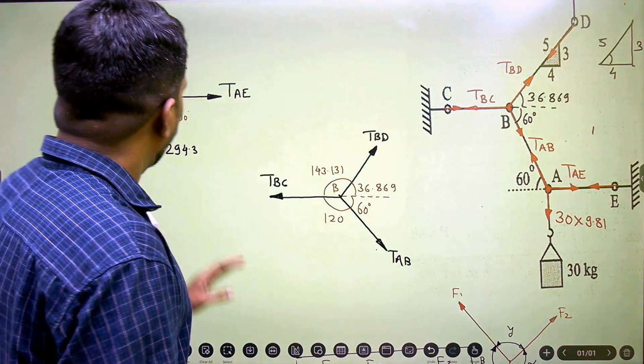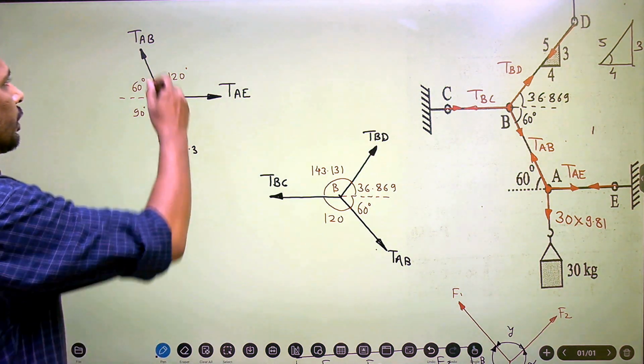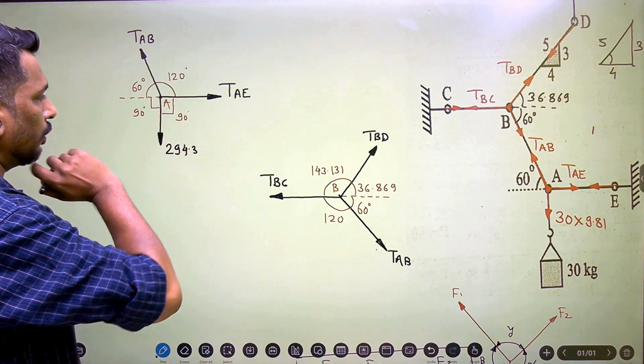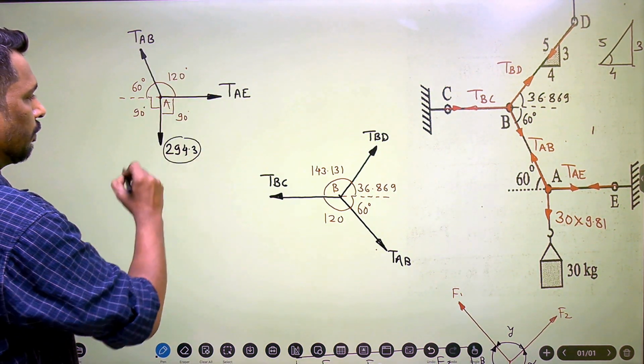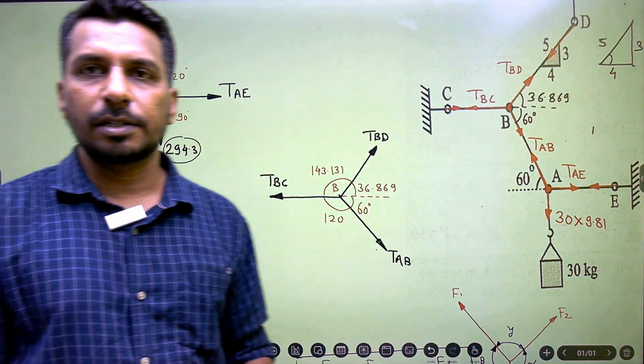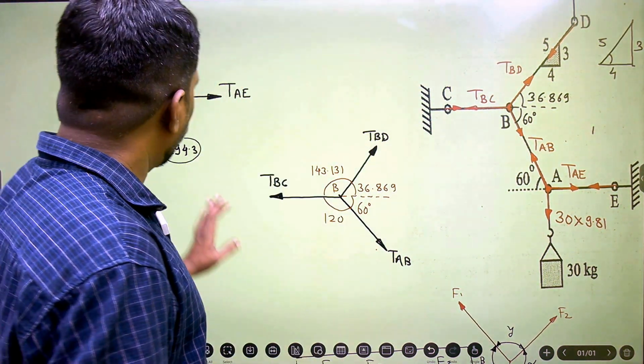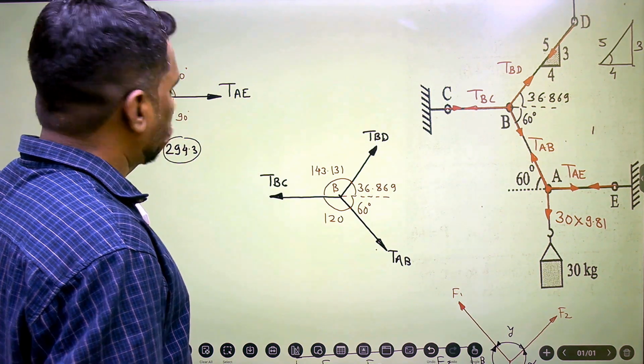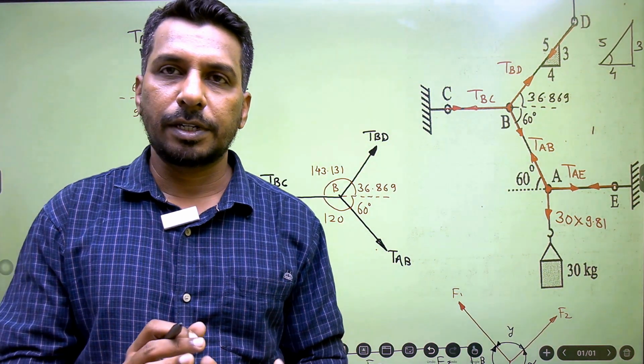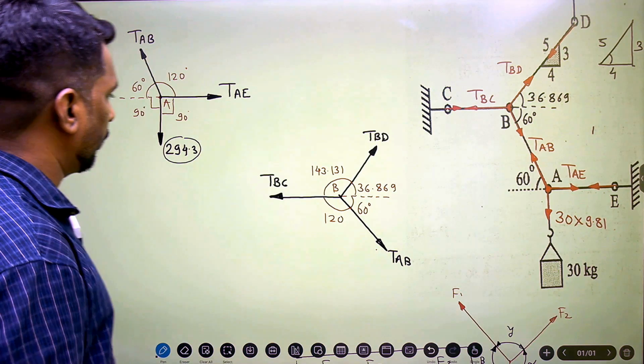But if I consider FBD of A, then here TAB and TAE are unknown, but this force is known to us and all our angles are also available. Okay, so we can start at point A. We can apply Lami's theorem to the point A in order to solve the problem.